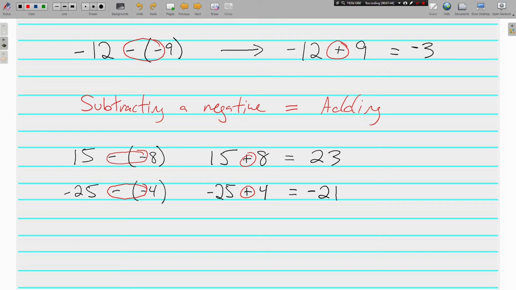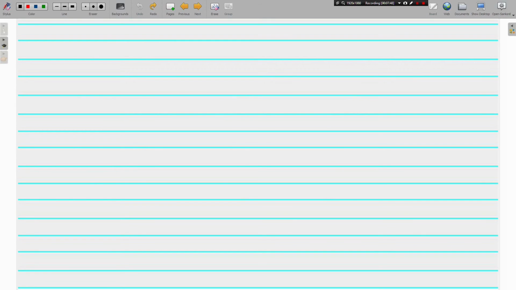Let's look at a couple of multi-step expressions. Let's start with 3 plus negative 9 minus negative 6.